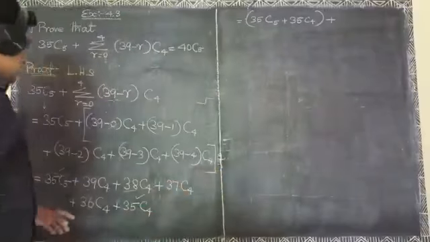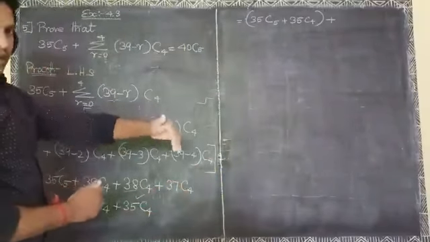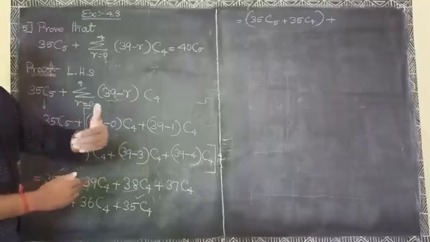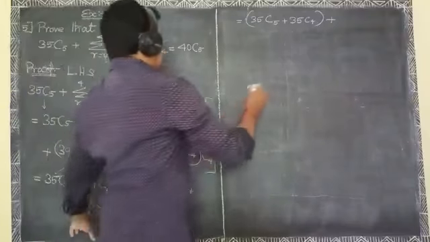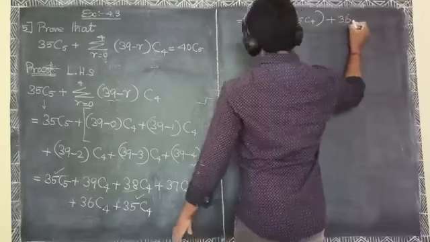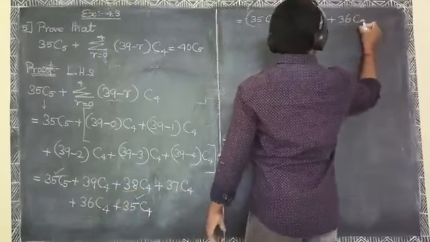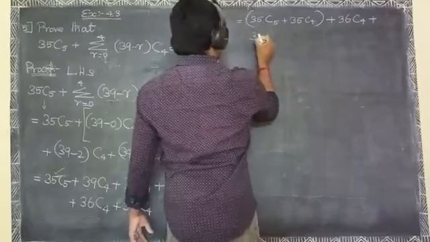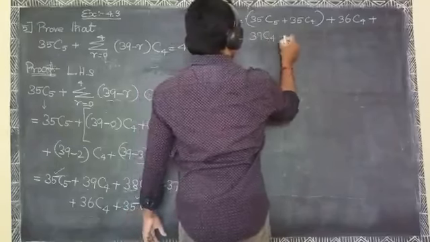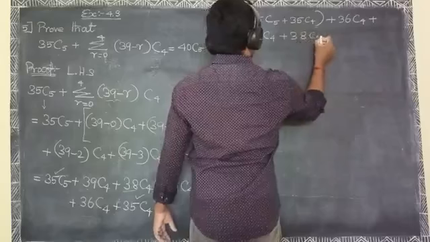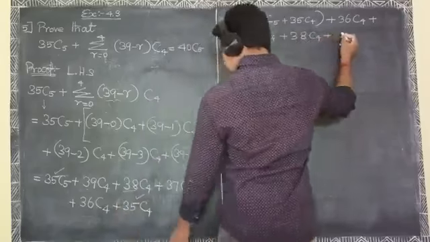Plus the next, arranging in the order of the numbers, 36C4 plus 37C4 plus 38C4 plus 39C4.